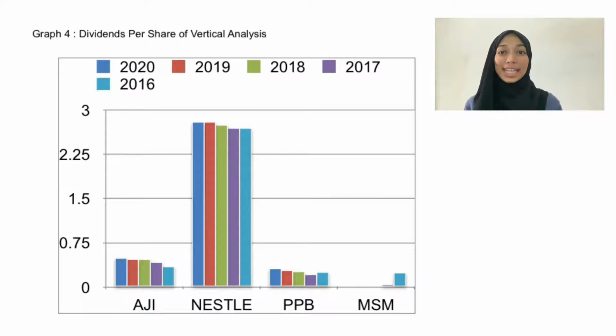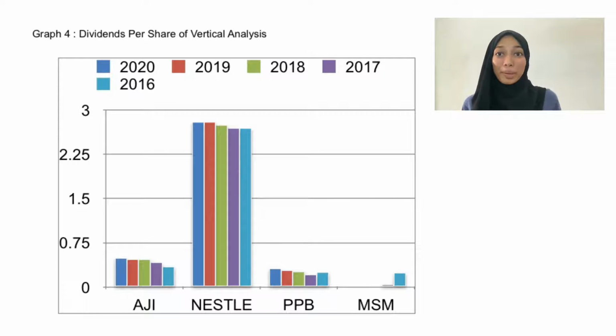For Nestlé, the graph depicts that it has a steady increase over the years with its lowest in 2016 and 2017 at RM2.70 and the highest in 2019 and 2020 at RM2.80 per share.